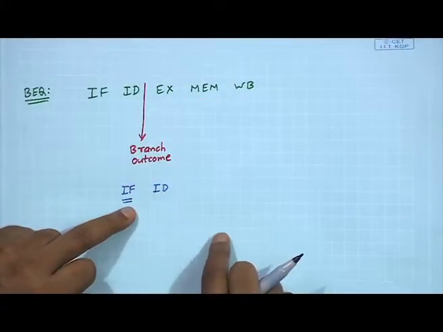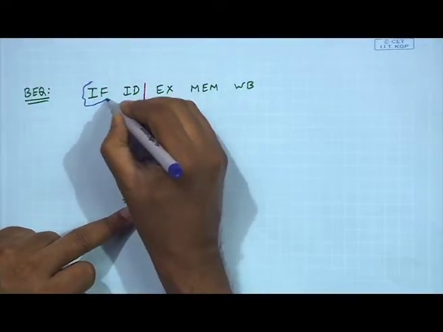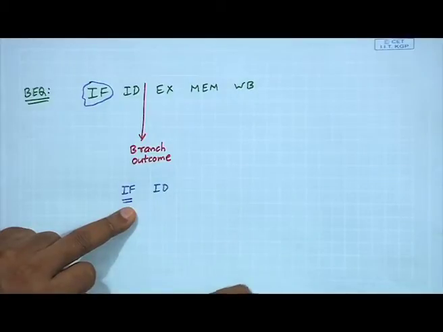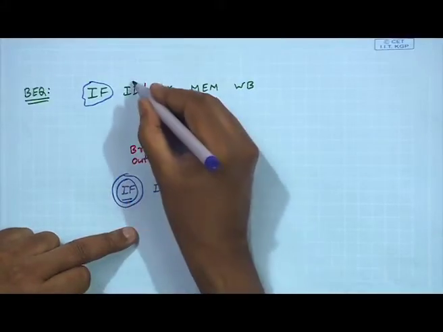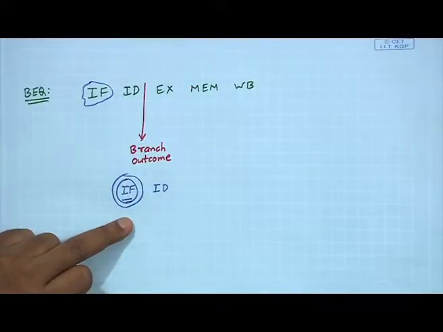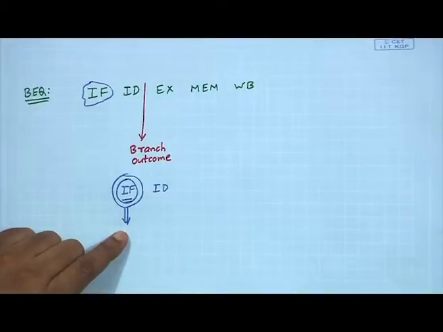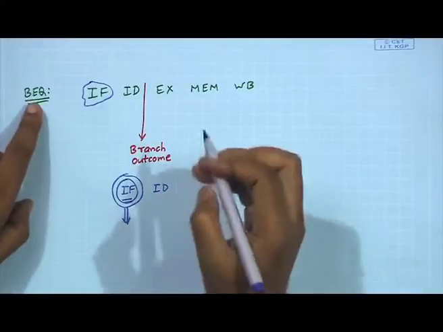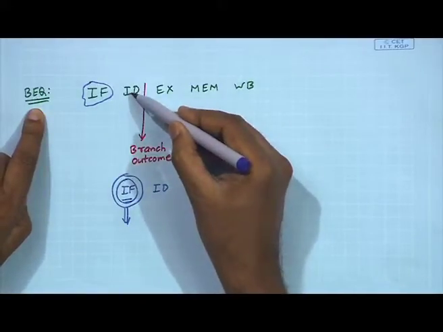So, what we are trying to do here is, can we do something in the IF stage itself, so that fetching can start in the immediately next cycle with some predictive accuracy, because for this branch instruction we cannot know until ID is over anyway.